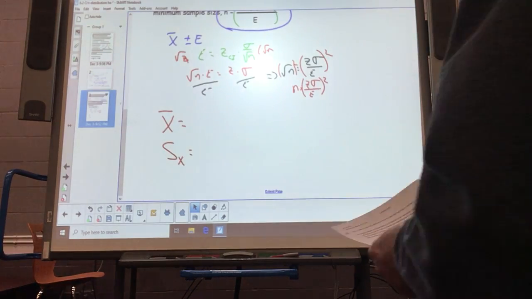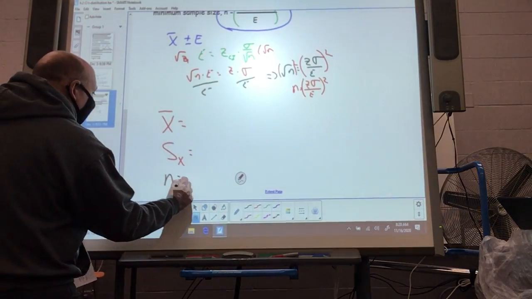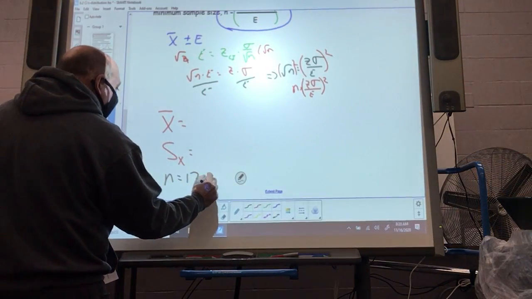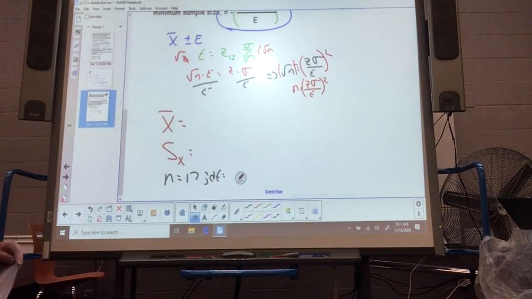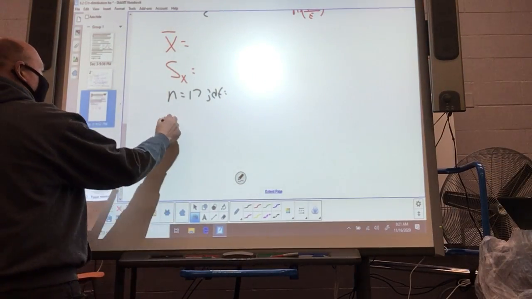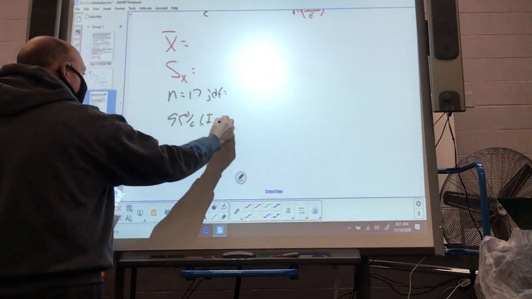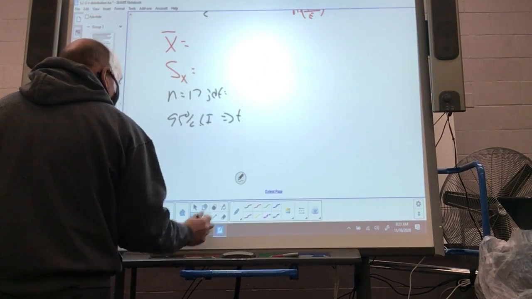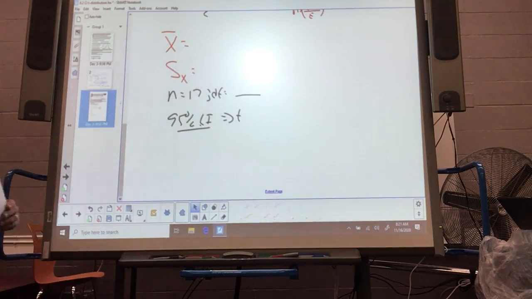Now you can go, okay, I have a sample size of 17. Your degree of freedom. I'm asking you for a 95% confidence interval. So you look at your degree of freedom, you look at your 95% confidence interval, and find your t-value from your table.